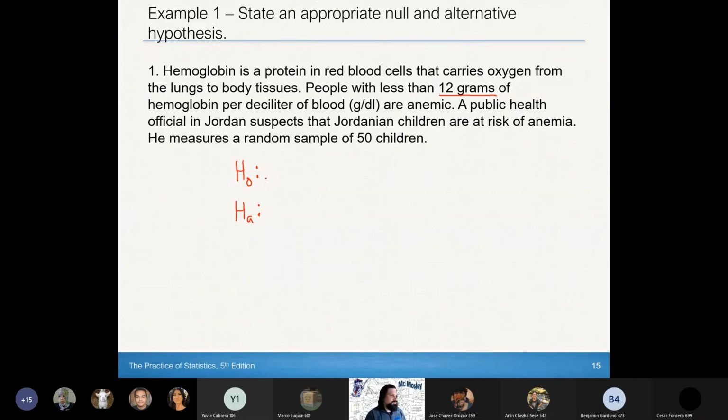So we have mu, the mean, being 12 grams per deciliter, would be our null hypothesis. It's the no change hypothesis. It will be equal to this thing. The less than part then becomes the one-sided hypothesis here for the alternative.